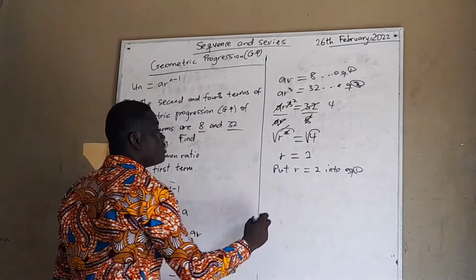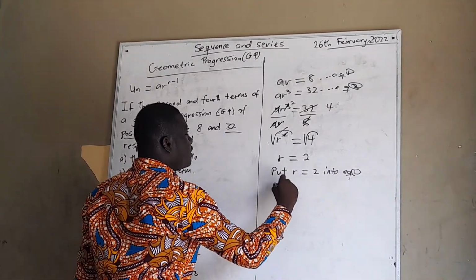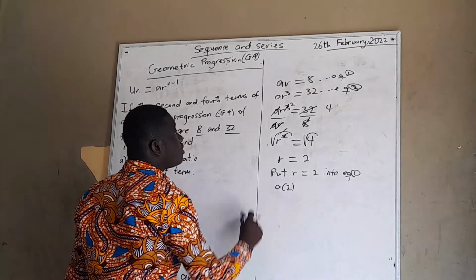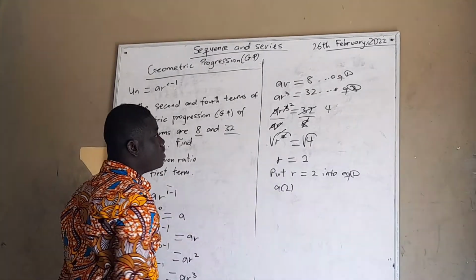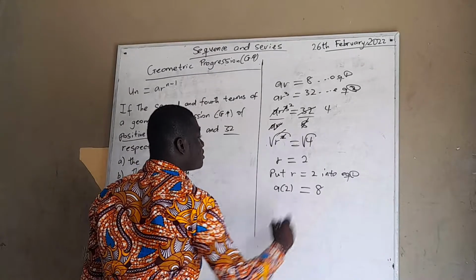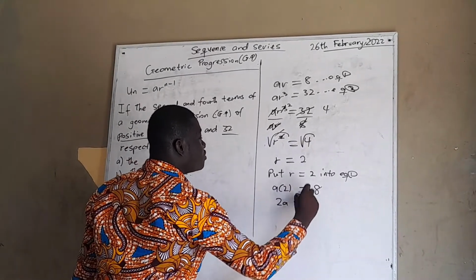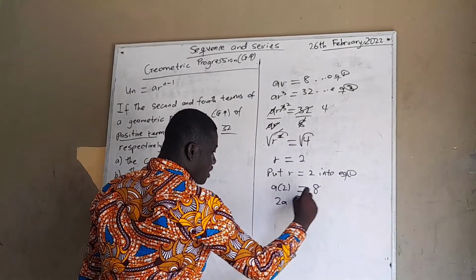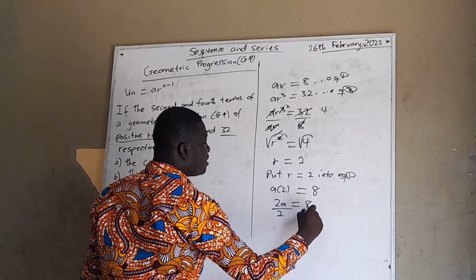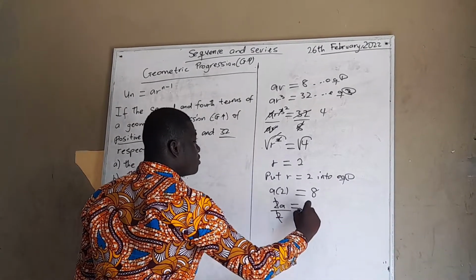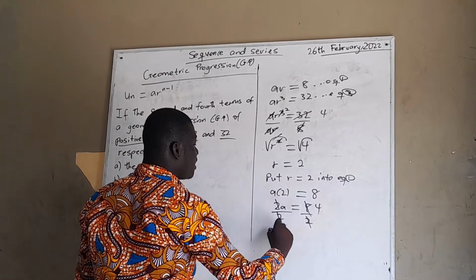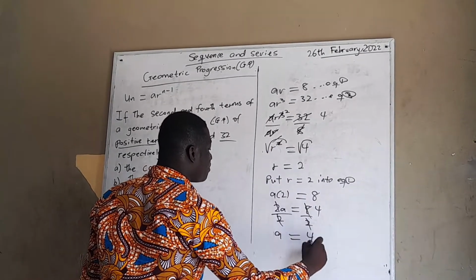So we're going to get a times 2, in place of r we put 2 there, which is equal to 8. So 2a is equal to 8. Divide both sides by 2, cancel. 2 going into 8, 4. So our a is equal to 4.